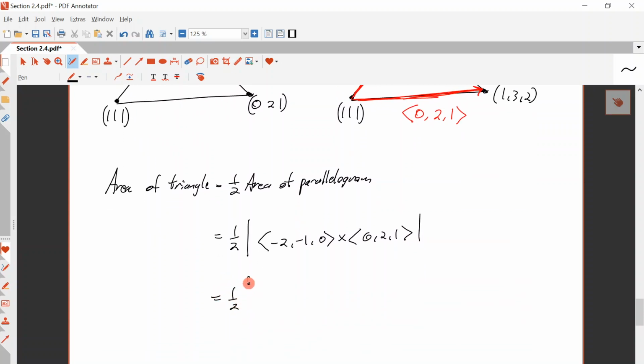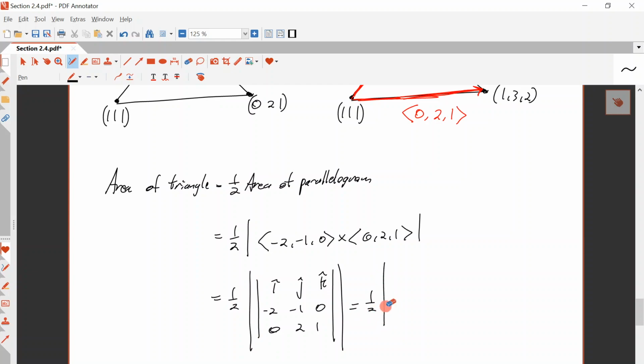So this is one half, and then the cross product is I, J, K, minus 2, minus 1, 0, 0, 2, 1. And we're going to calculate the length of that cross product when we're done.